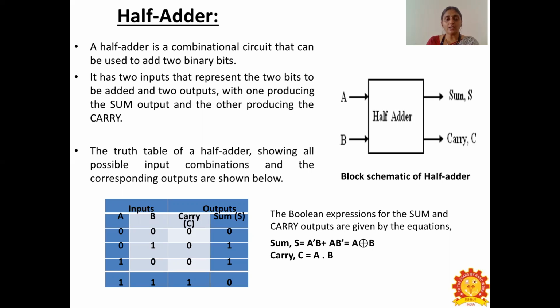And when we add 0 and 1, we get the sum result as 1 and carry result as 0. And when we add the two numbers A and B as 1 and 0, again we get the sum value as 1 and carry as 0. And when we add two ones, then we get sum as 0 and carry as 1.